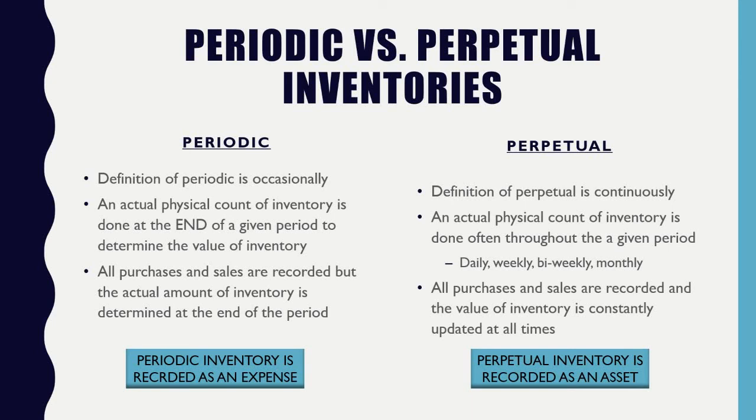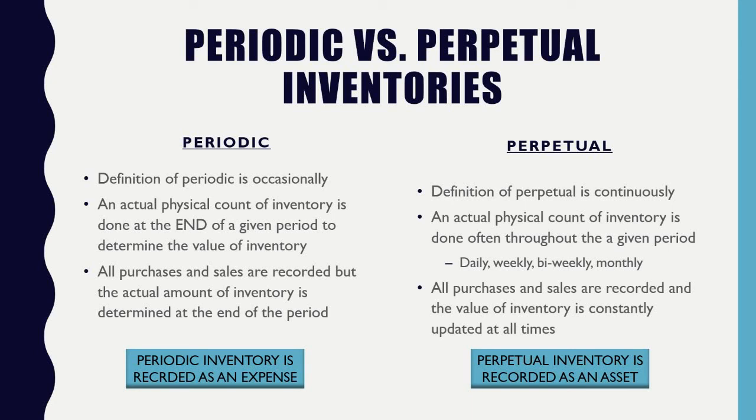The key difference that I want you to take away from this is, one, periodic is every once in a while, and you need to have a physical count at the end of a given period.